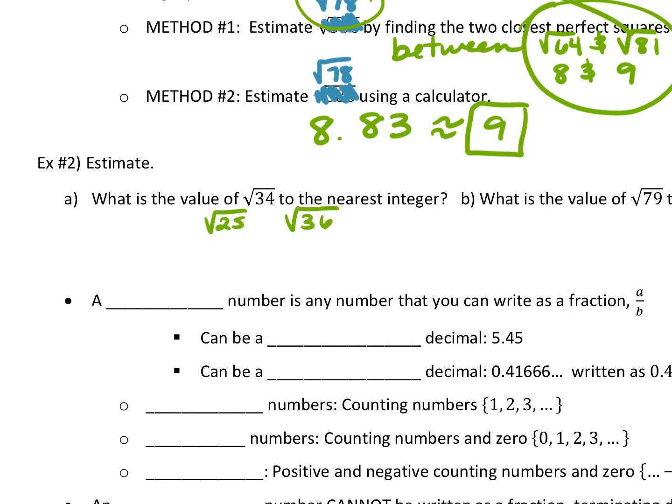Which one is it closer to? The square root of 36. And the square root of 36 is what? 6. So we would say this is approximately 6. If you plugged it into your calculator, the square root of 34 comes out to 5.8. To round that to the nearest integer would be 6.